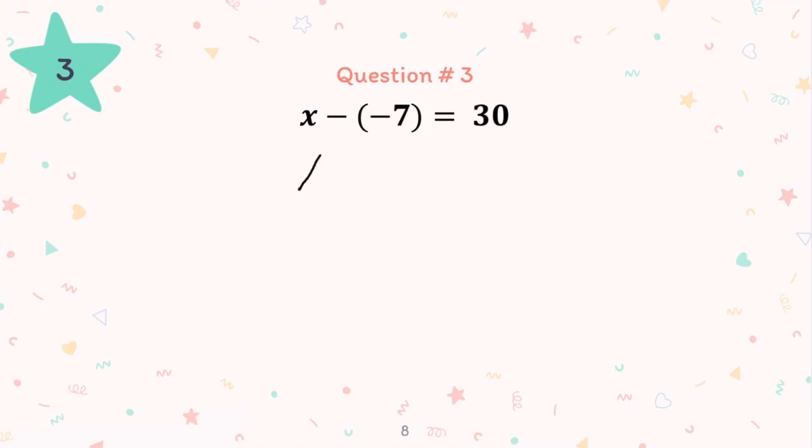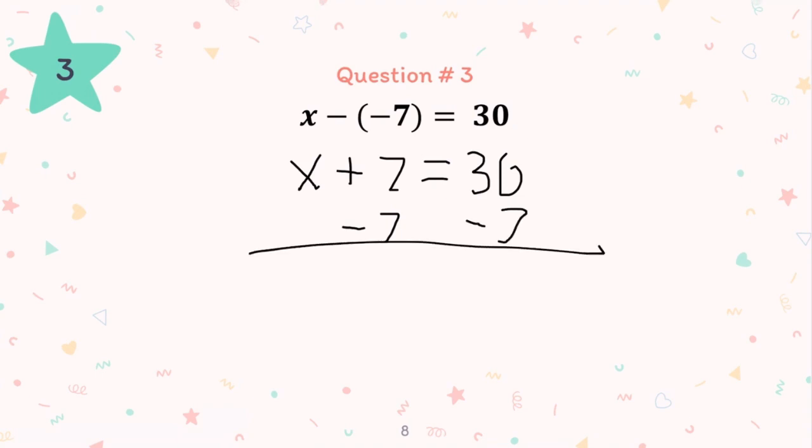Okay, so for this one, I simplified it. So the opposite of subtraction is adding. So I did x plus 7 equals 30. And then the opposite of adding is subtracting. So I did negative 7, and what I do on the left side, I do on the right side.